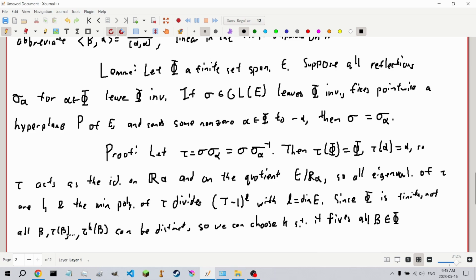The idea is we have beta here in phi, k is greater than the cardinality of phi. Since the action of tau_alpha preserves phi as a whole, this has to double back on itself, so we can just find this value. Since phi is finite, we can find this value for every vector in phi, and just multiply them all together, and that ridiculously big power is going to fix every vector in phi.